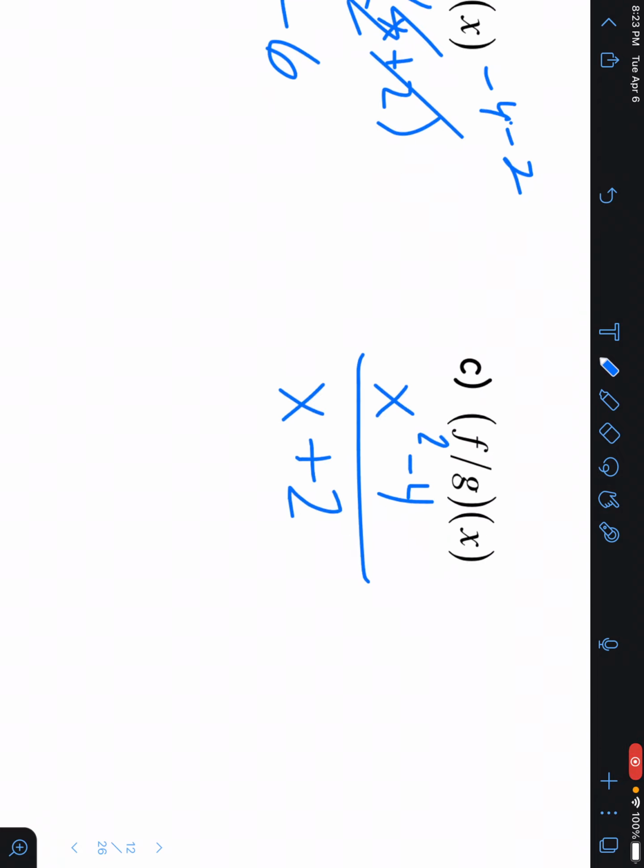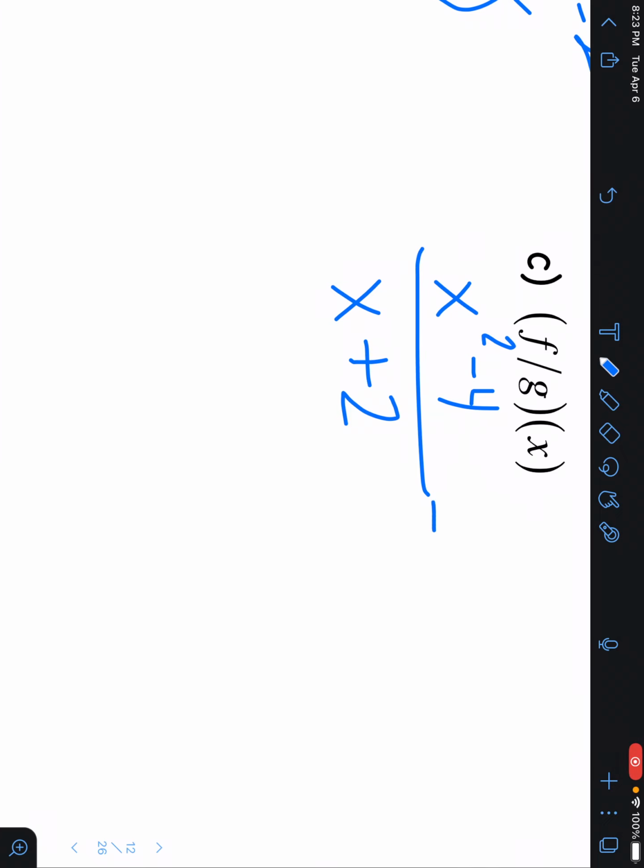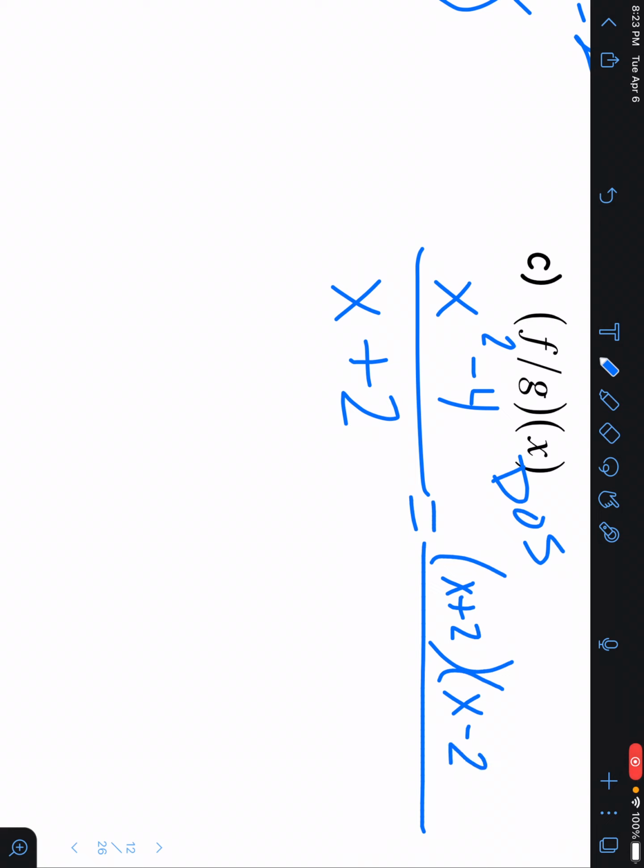Whenever we have fractions, we want to see if we can factor anything, because sometimes we'll be able to factor some binomials or trinomials and cancel things out. Let me show you what I mean. So x squared minus 4 is, if you recall from the factoring unit, a difference of squares. That can be broken up as x plus 2, x minus 2.